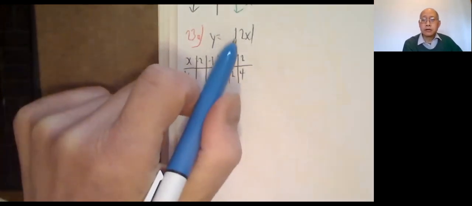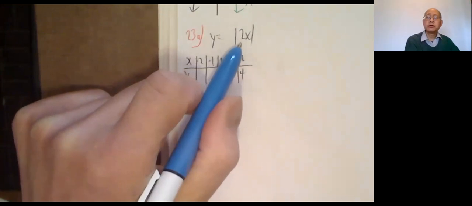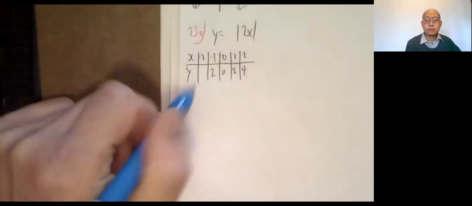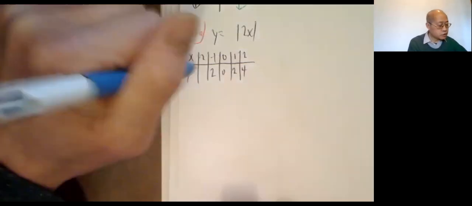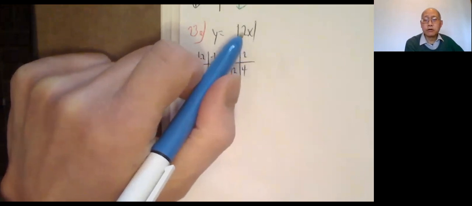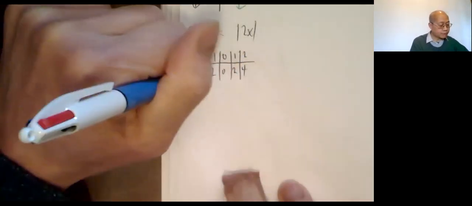-1. 2 times -1 is -2. Absolute value of -2 is 2. -2. 2 times -2 is -4, whose absolute value is 4.